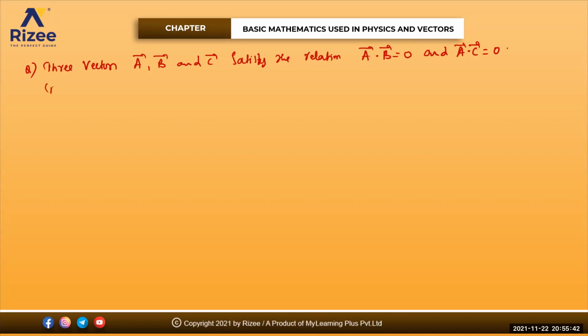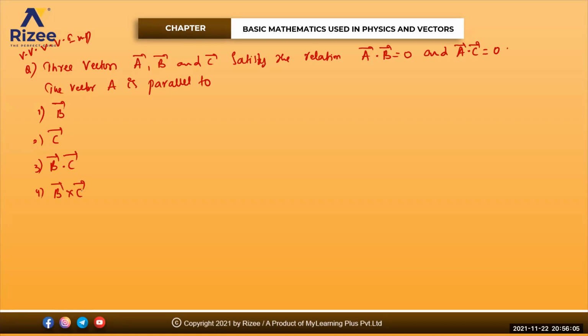Then the vector A is parallel to. Very, very important model. First option is B bar. Second is C bar. Third option is B bar dot C bar. And fourth option is B bar cross C bar.